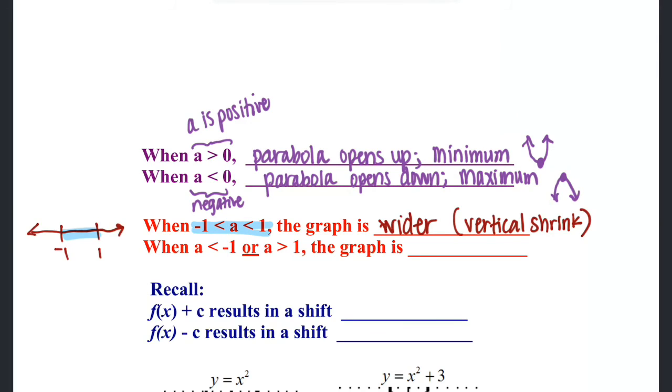And when A is less than -1, so this is what my colors are for here, when A is less than -1, that section right there, any value in that green section or any value in the green section to the right, the graph is going to be skinny. And that's not a vertical shrink, that's a vertical stretch.